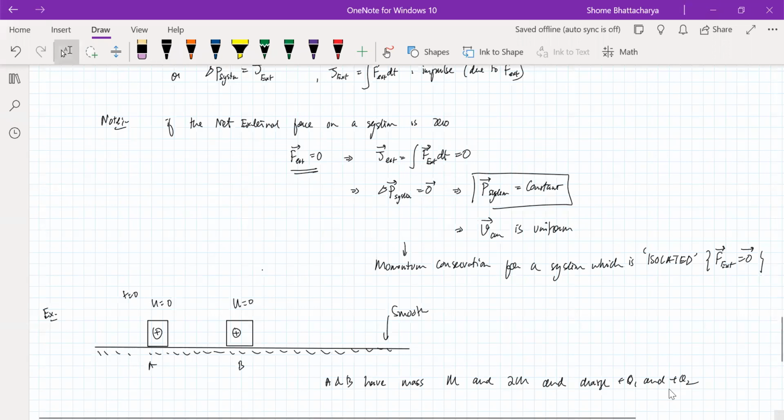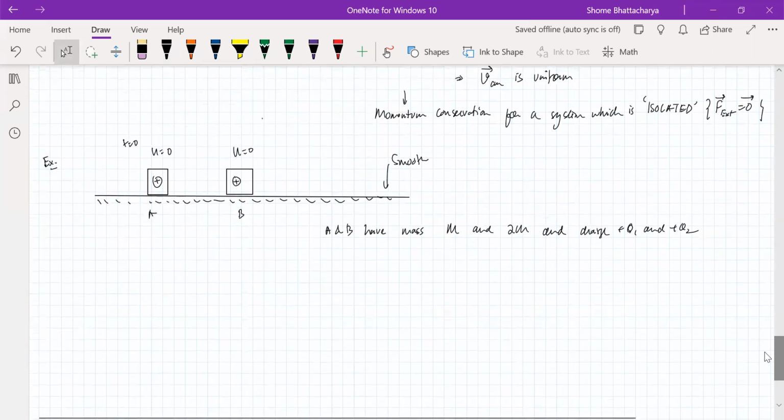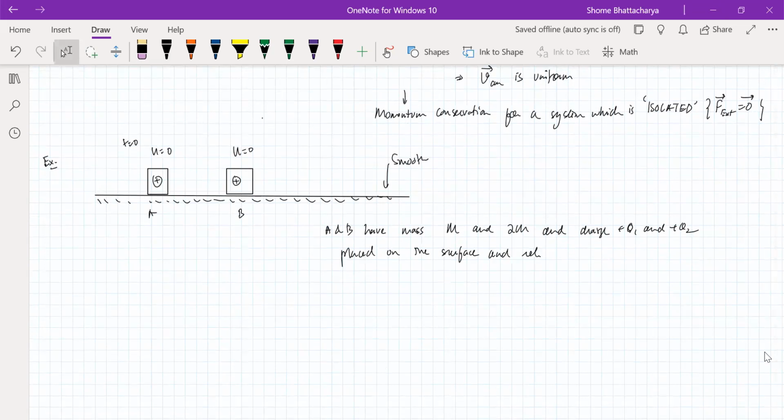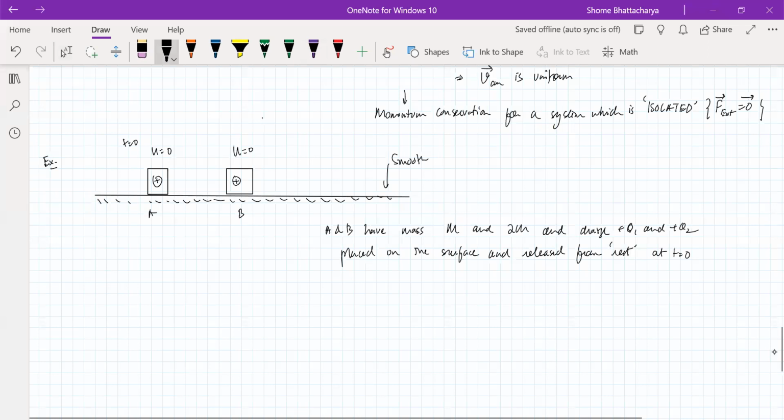Initially they are placed at rest on the surface and released from rest at t equal to 0, but then they start repelling each other.